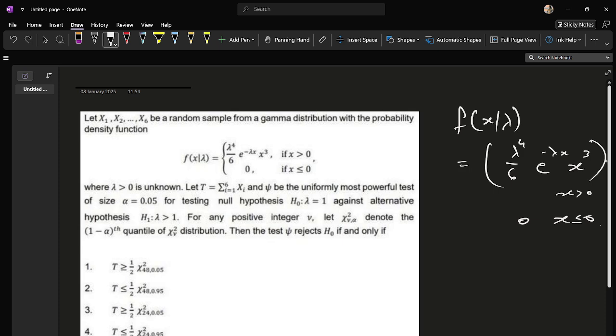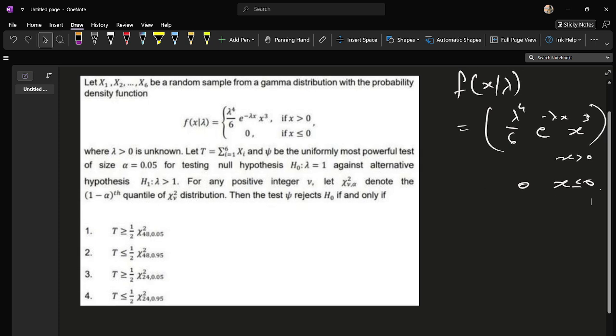For any positive integer v, let chi-square v alpha denote the 1 minus alpha-th quantile of the chi-square v distribution. Then the test psi rejects H0 if and only if T is equal to what? So we have to think about this question.